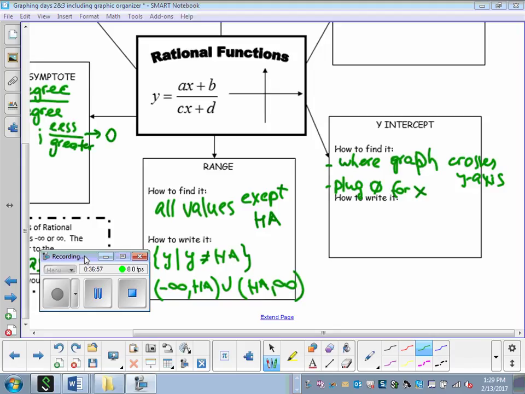And so I write 0, comma, whatever I got there. If you just look at this formula, it would be b over d, correct? Because if x is 0, a times 0 is 0, and c times 0 is 0, so all I have left is b over d.